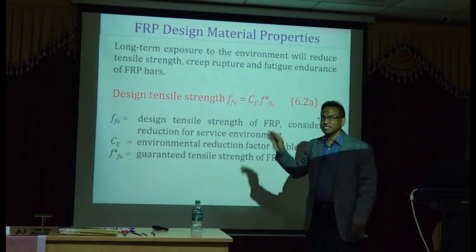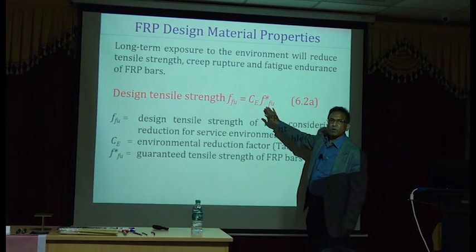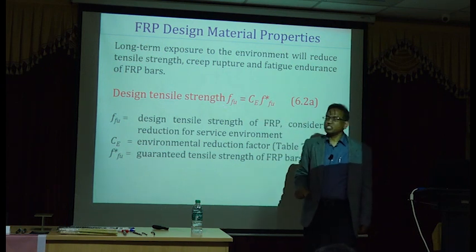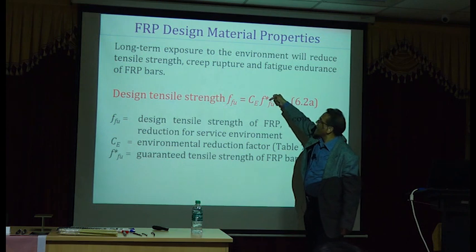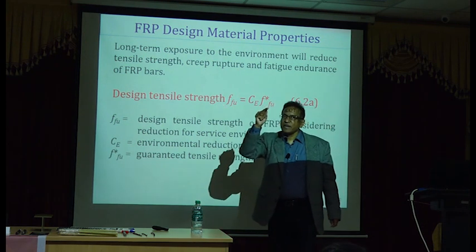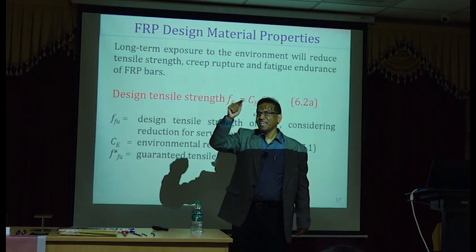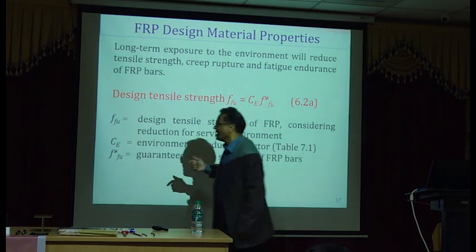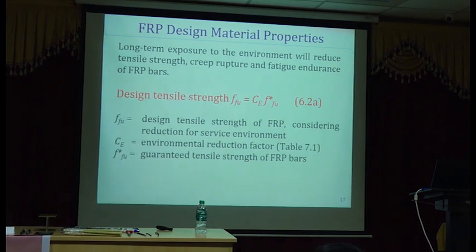Okay, this is something useful to remember. Depending on the exposure condition, we'll reduce the guaranteed tensile strength. Guaranteed tensile strength is based on what? Do you remember? Remember guaranteed tensile strength?